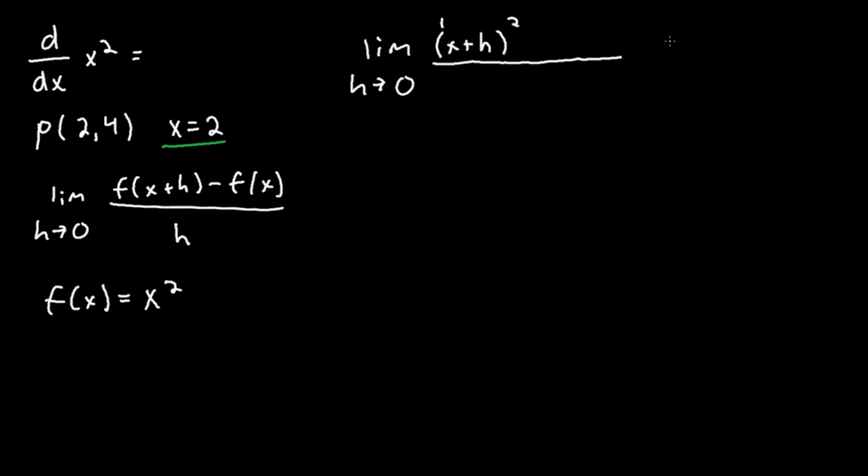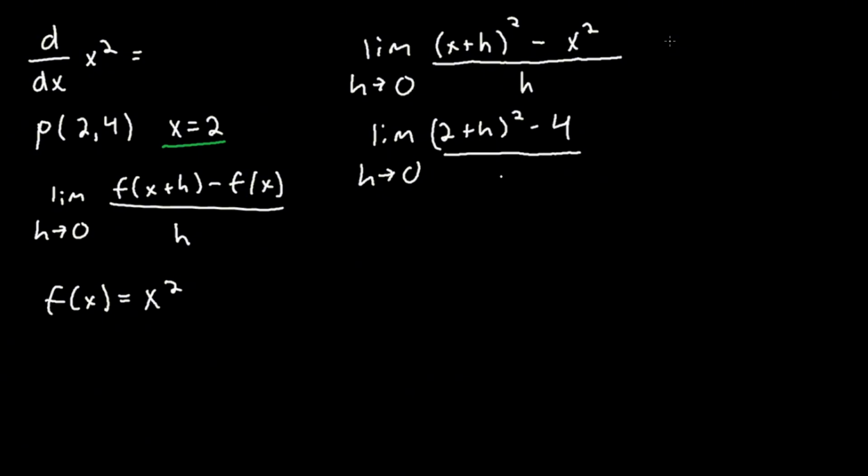So this originally was x squared, but we plugged in x plus h into x. And we subtracted our standard function, which is just x squared. And we put this all over h, correct? But we have our x value. Our x value is 2. So we can actually substitute in our x value here as 2. And 2 squared is also 4, over h.